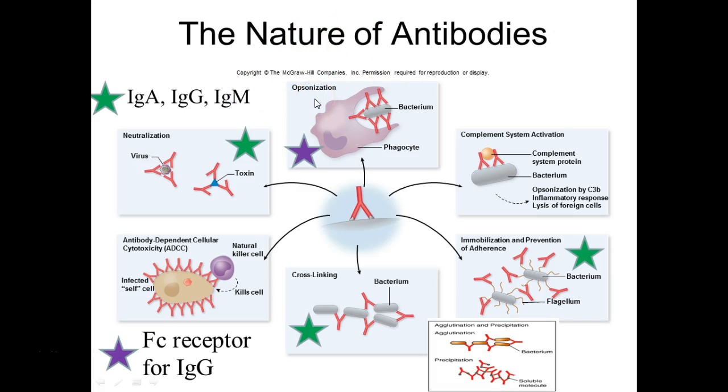Do you guys remember what complement protein also opsonizes, binds to the surface of bacteria, so phagocytic cells come along and grab it up? C for complement, 3 is the number, and b is the fragment, and I always remember b for binding. C3b binds and opsonizes pathogens for phagocytosis by our white blood cells, like macrophages and dendritic cells.